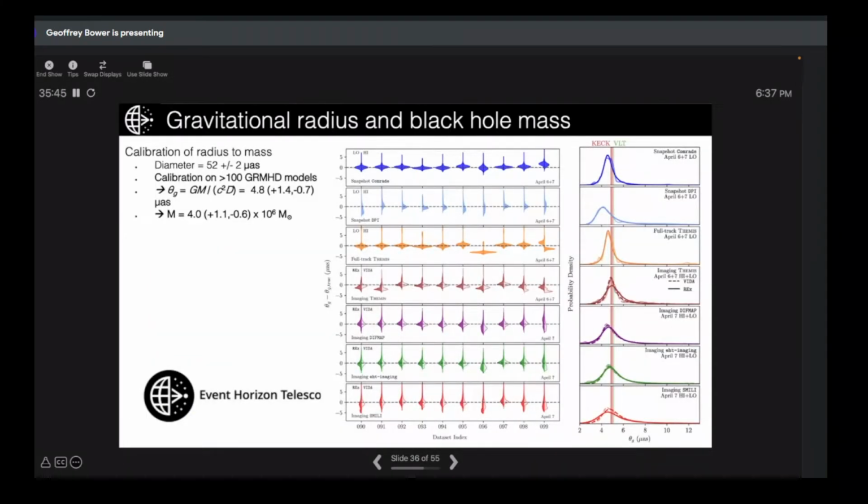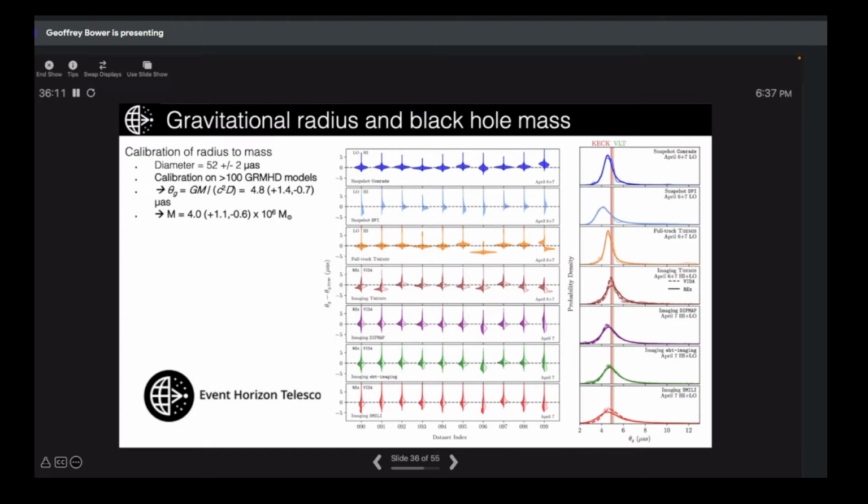So now we measure a diameter, 52 plus or minus 2 microarcseconds. What do we do with that in order to tell us something about the astrophysics and the black hole physics and the general relativistic physics of this system?